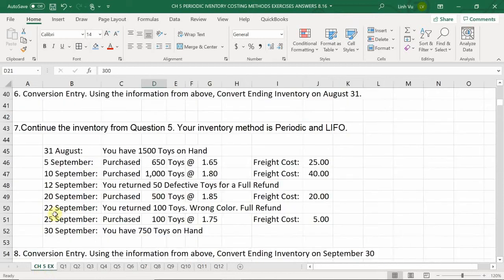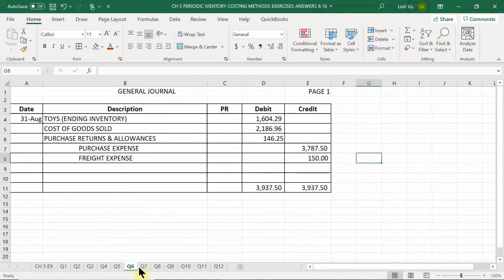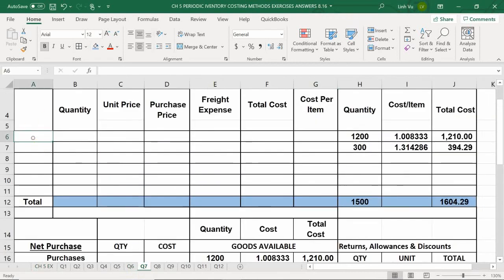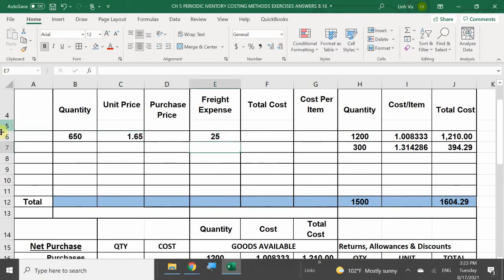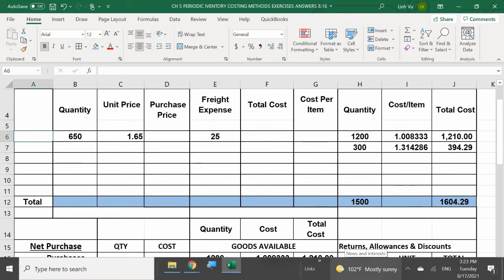Let's get started with our very first purchase, which we have here. On September 5th, we purchased a total of 650 toys at $1.65 and a freight of $25. So 650 at $1.65 and $25 of freight, and this is September 5th.